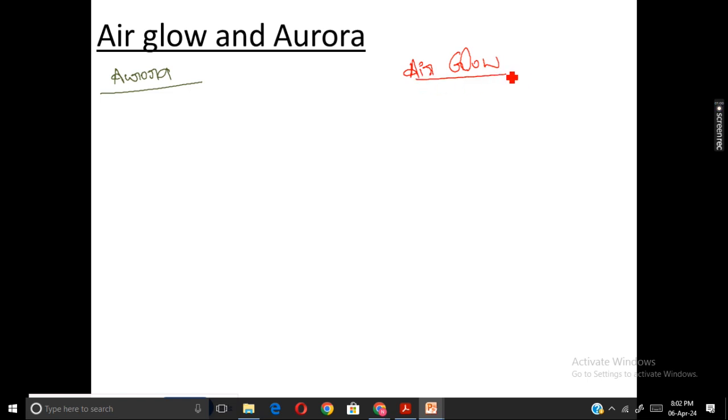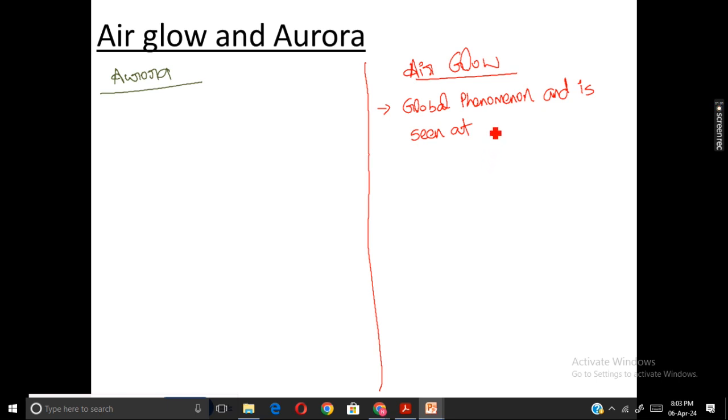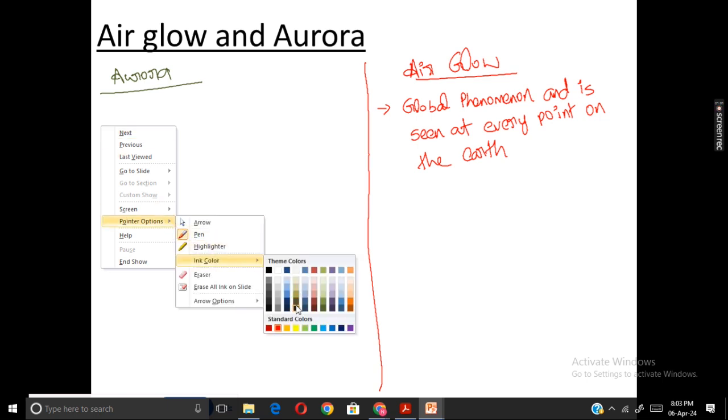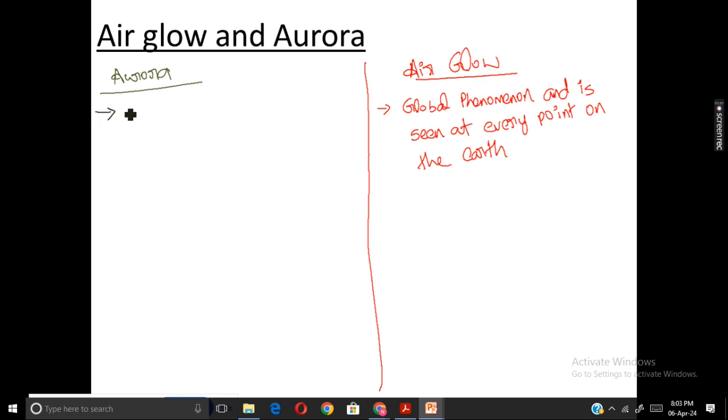Aurora and airglow, we will just write it side by side. So airglow is basically a global phenomenon, which is seen at every point on the Earth, whereas aurora is basically a local phenomenon, which can only be seen near the poles.